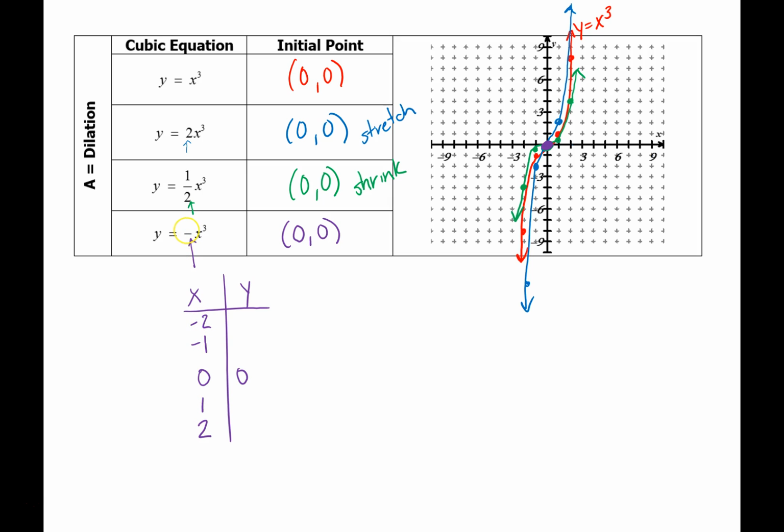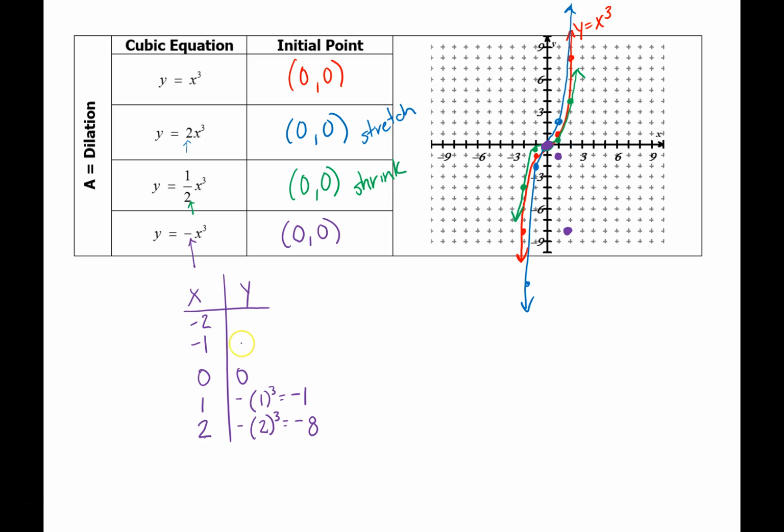If we plug in 1 to that, so that's negative 1 cubed. 1 cubed is 1, so that's negative 1. That puts our point at 1, negative 1 down here. When we evaluate at 2, that's negative 2 cubed. 2 cubed is 8, so that's negative 8. At 2, it's down at negative 8.